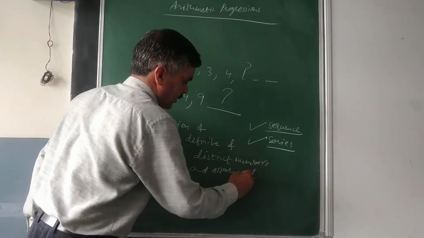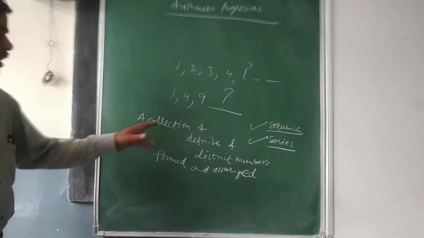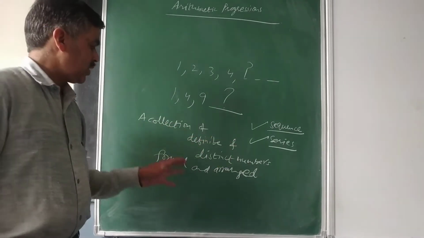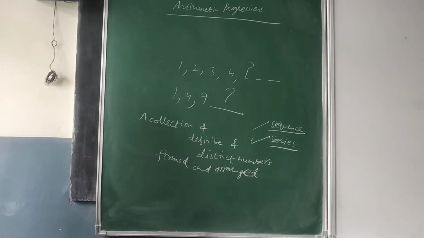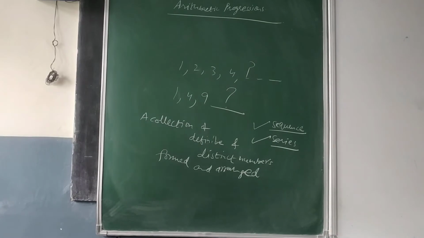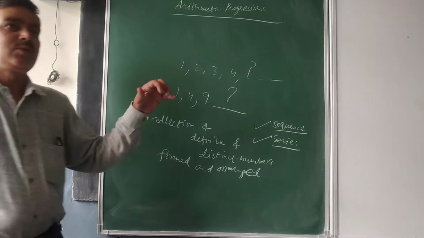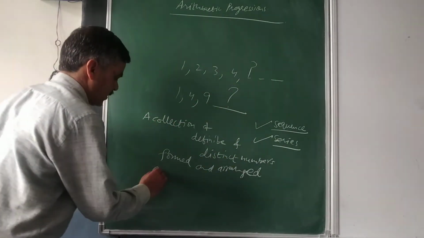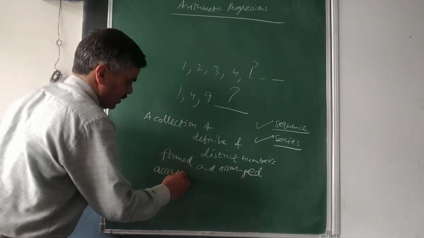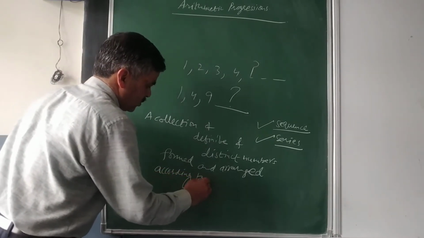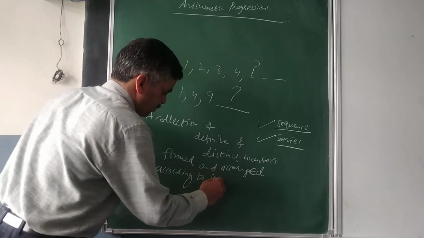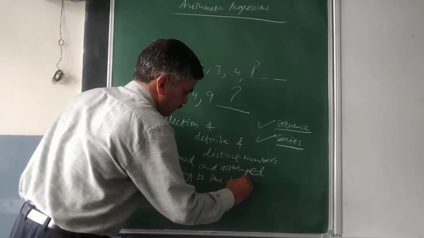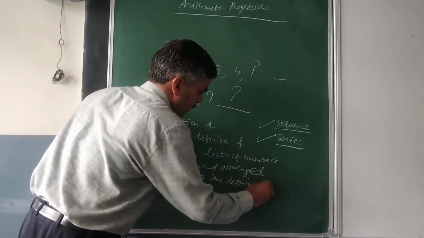You can write it like this also: a collection of definite and distinct numbers formed and arranged according to some definite law or some definite pattern. That will be the best one, I think. According to some definite law.